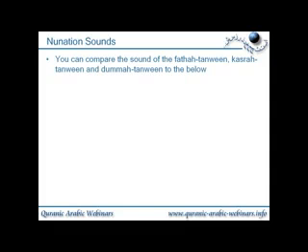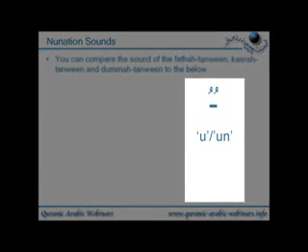Nunation sounds. You can compare the sound of the fatha tanween, kasra tanween and the dhamma tanween to the below. So this is just to help you to see a comparison. Here we have the dhammatain giving the Un sound. If we were to write that as separate letters in Arabic, and we've already covered the sukun, this is the sound you would actually get. It's like writing a hamza with a single dhamma giving the U sound and the noon sakin afterwards, so it gives Un.